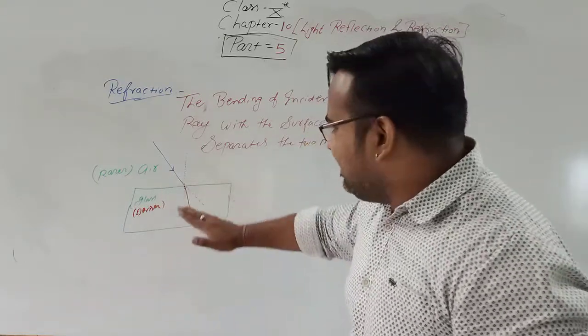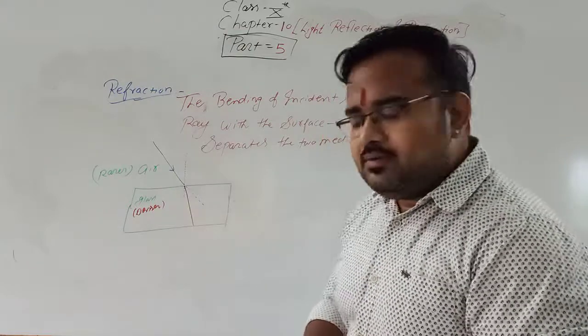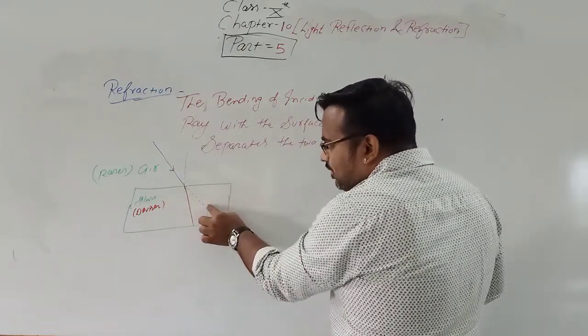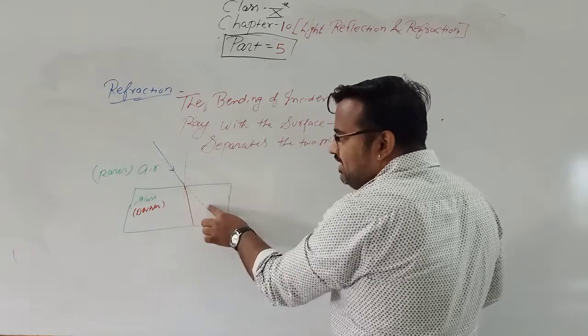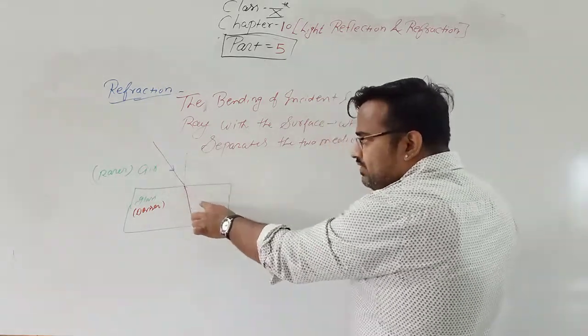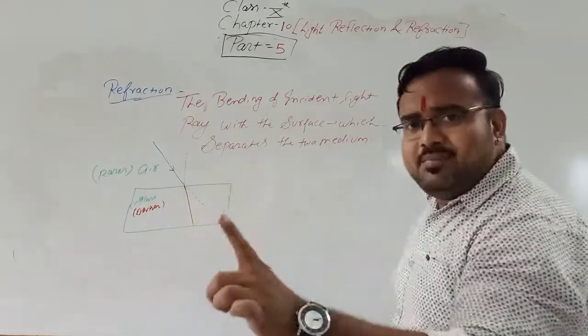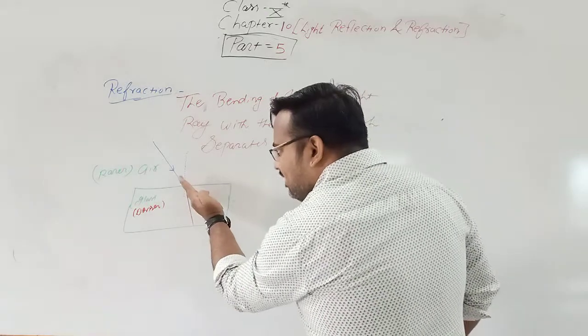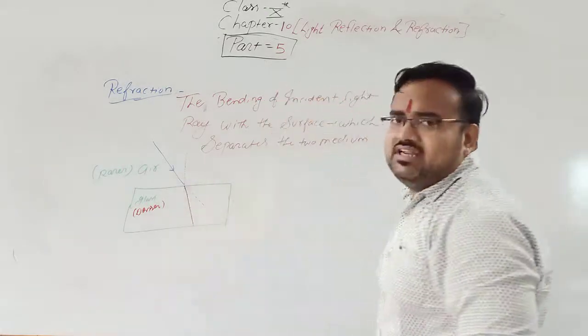The refracted ray is bent towards the normal. This dotted line is the original path of the incident light ray. The incident light ray should follow the straight path. Since the medium has changed, it deviates from its original path.